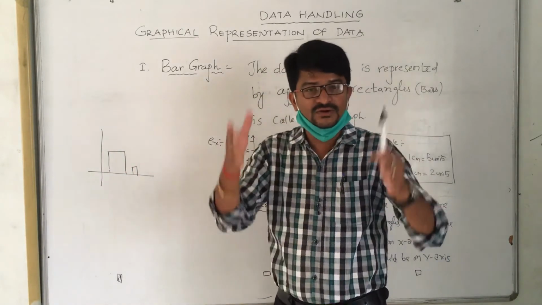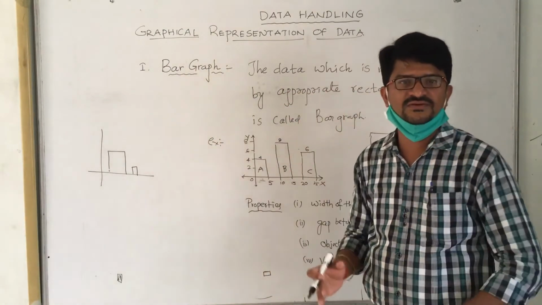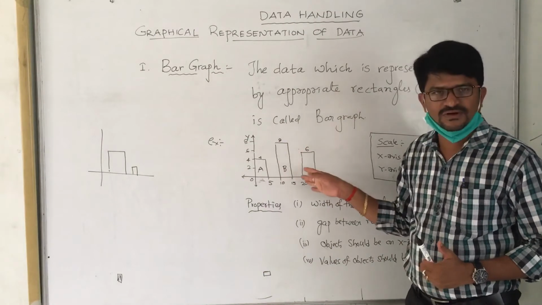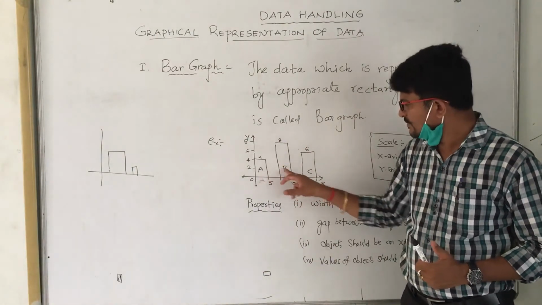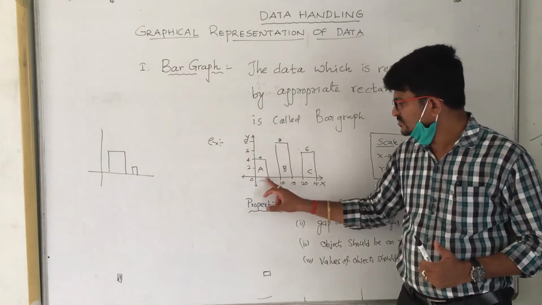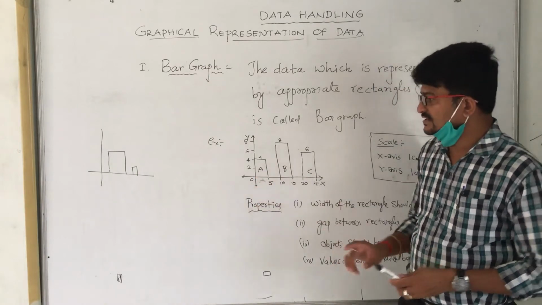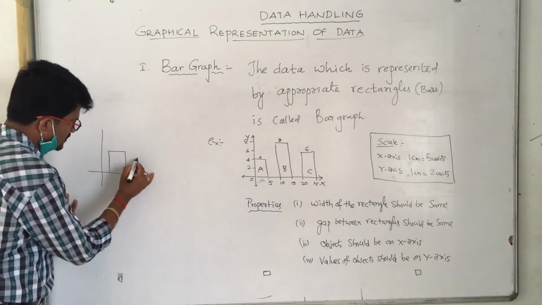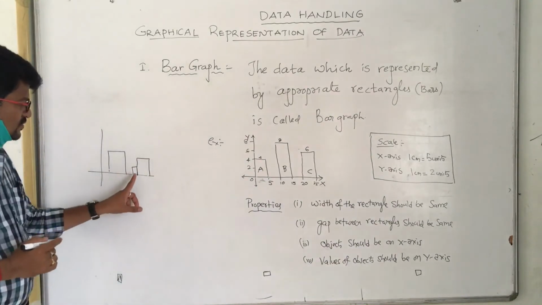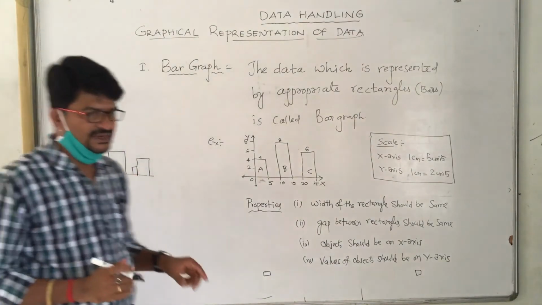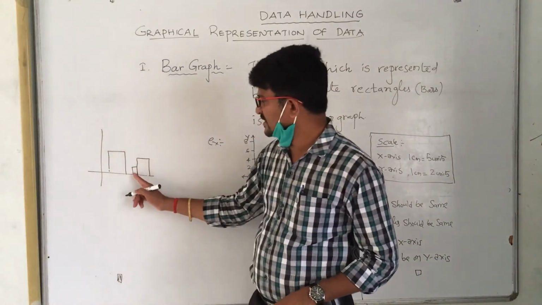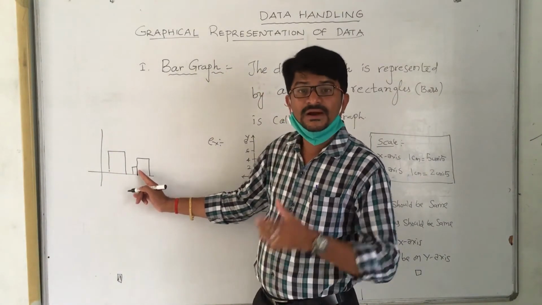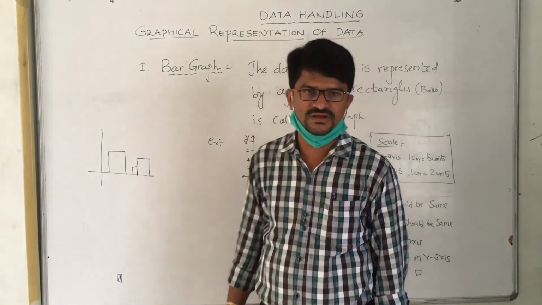Don't draw whatever way you want. Approximately, this is the board, that is why approximately the width of the rectangles should be equal. At the same time, gaps also you need to maintain. Don't write like this, because between these two rectangles there is no gap, but a gap must be in a bar graph. Clear?